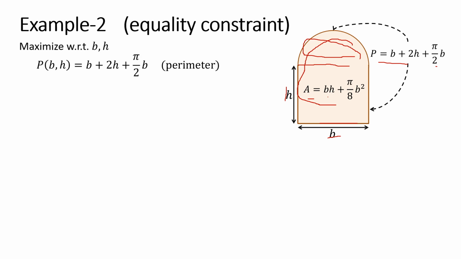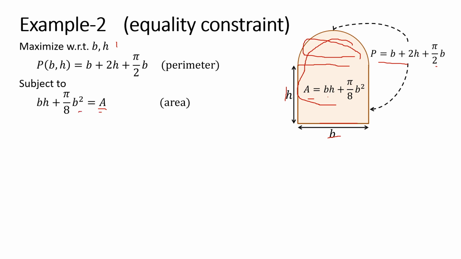And our problem is maximize with respect to b, h the perimeter, which is b plus twice h plus pi over 2 b, subject to area is constant a. bh plus pi over 8 b squared is equal to a.